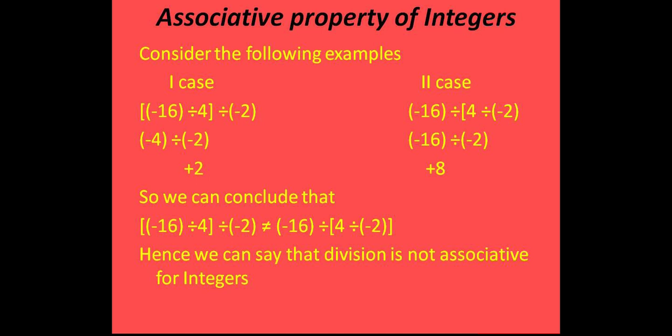Minus 16 divided by 4 by minus 2 is equal to minus 2, so I got the answer plus 8, which is not similar to first case. So we can conclude that bracket minus 16 by 4 bracket close divided by minus 2 is not equal to minus 16 divided by bracket of 4 divided by minus 2. Hence we can say that division is not associative for integers.